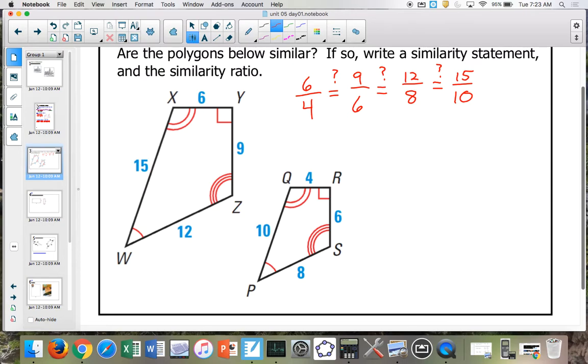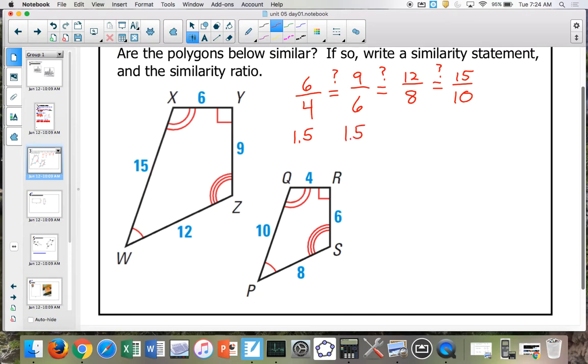Now, depending on how good your fraction work is, you need to decide, are these fractions all equal? Are they equivalent? I think the easiest way for you to check is to use your calculator and just divide. So type in 6 divided by 4 and see what you get. You'll get 1.5 on your calculator. Now do 9 divided by 6.